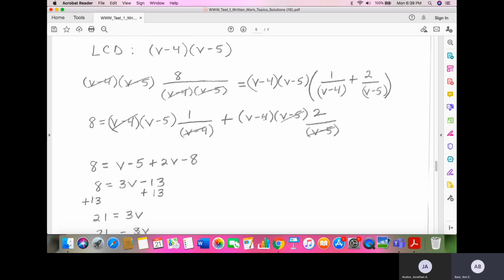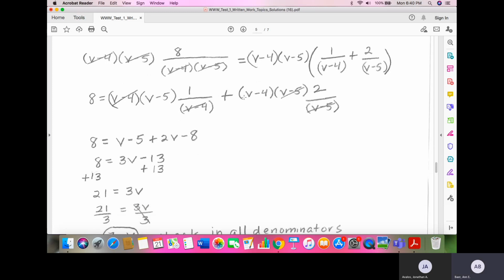Now let's cancel on this side. We're going to look at each term separately. For this term, we can cancel the v minus 4s. For this term, we can cancel the v minus 5s. And the denominators go away except for an understood 1.